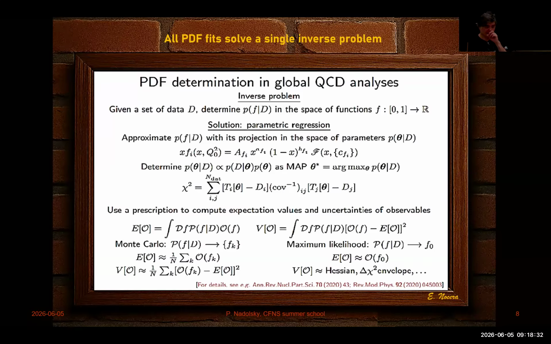You try to make some guess about this very large number of degrees of freedom, and you would like to solve this problem in a well-defined way. There is a lot of thought going on in how to solve this problem. So there are well-defined inverse problems.